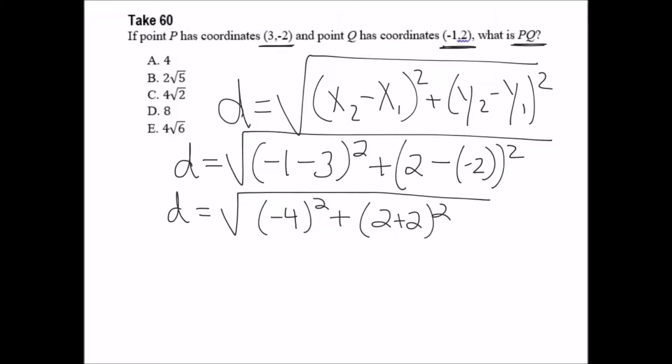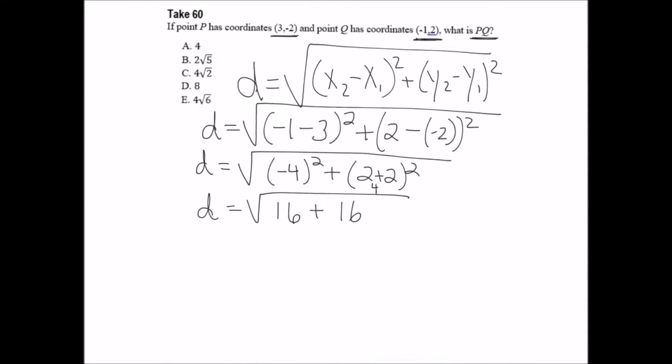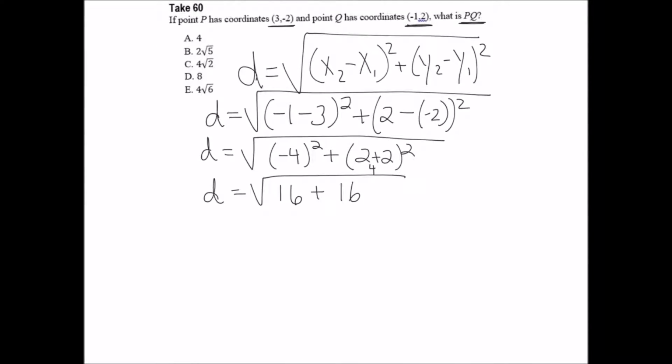And -4 squared, so D is the square root of -4 times -4 is 16, plus 2 plus 2 is 4, 4 squared is also 16. So what we have is the square root of 16 plus 16, or D equals the square root of 32.